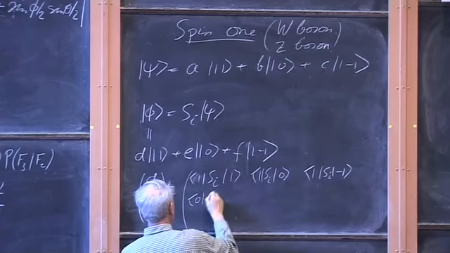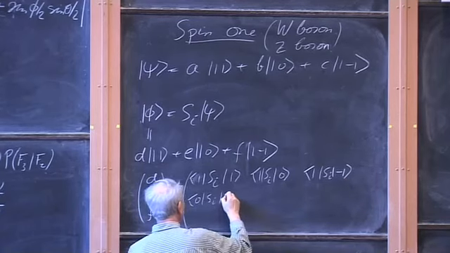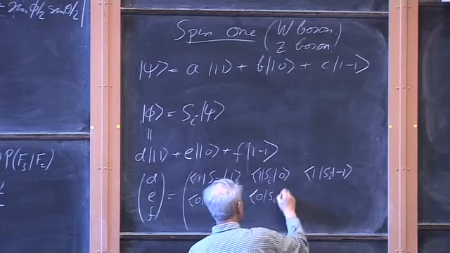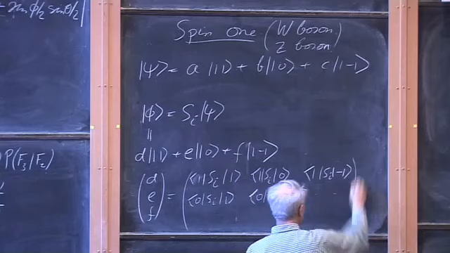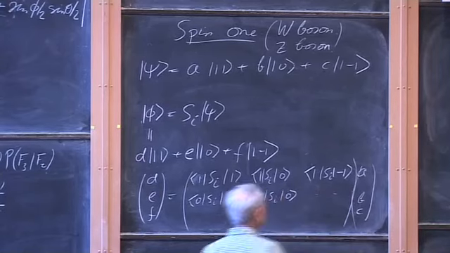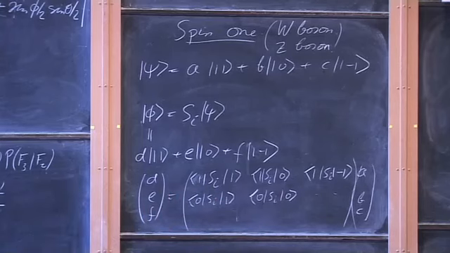And here we will have <0|S_i|1>, <0|S_i|0>. So we have a 3 by 3 matrix operating on A, B, C. This is how we will concretely do our computations.